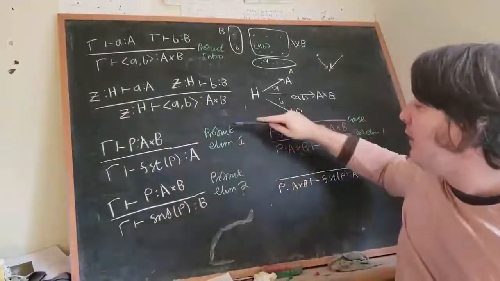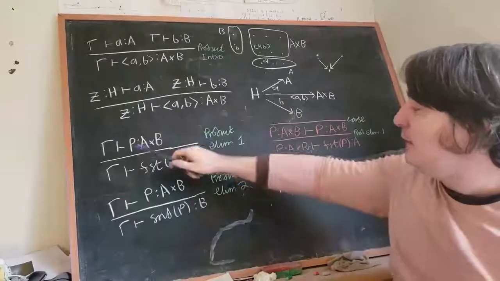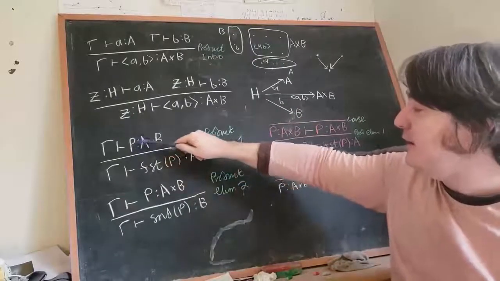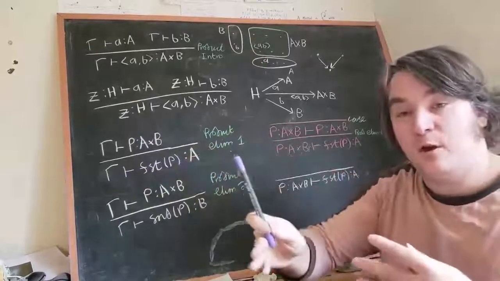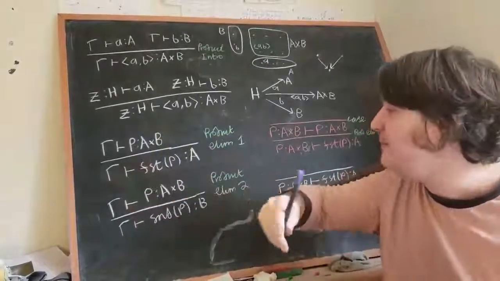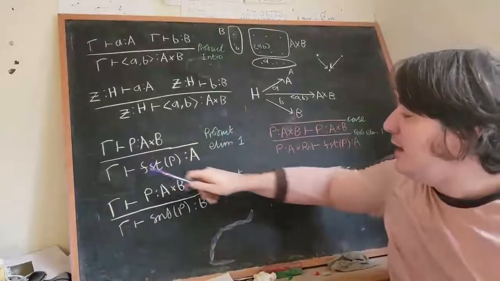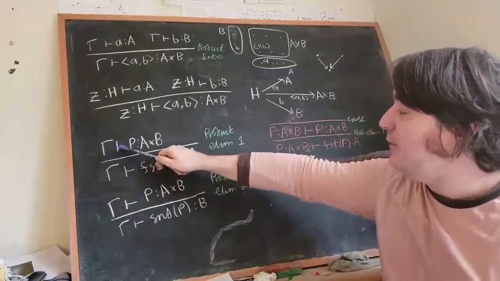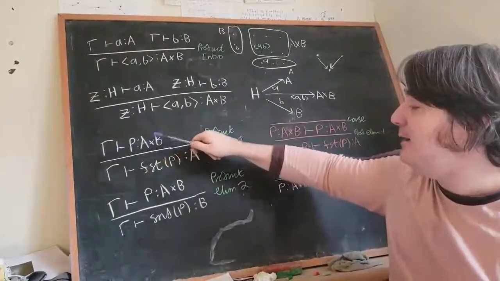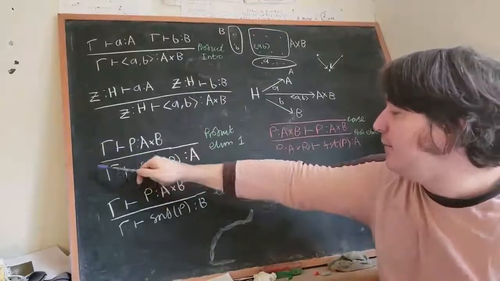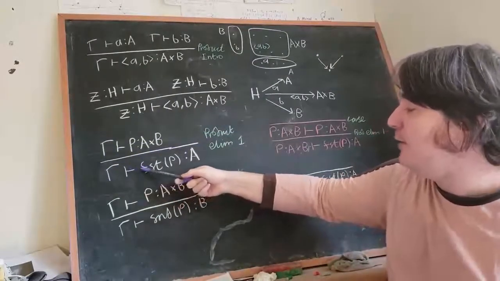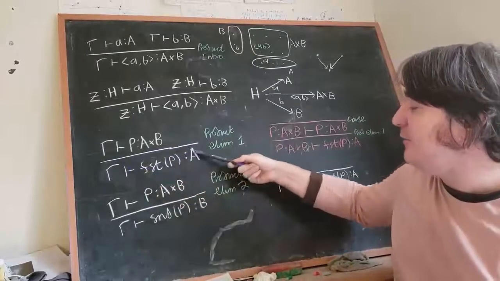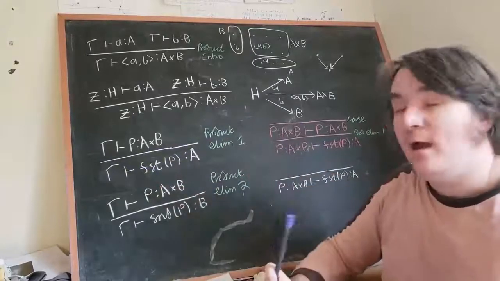So this first product elimination rule lets us take a value p of type a times b and do a projection on it to get a value of type a. Formally it says that in any context gamma, if p is a value of type a times b, then in that context gamma, doing fst on p gives us a value of type a.